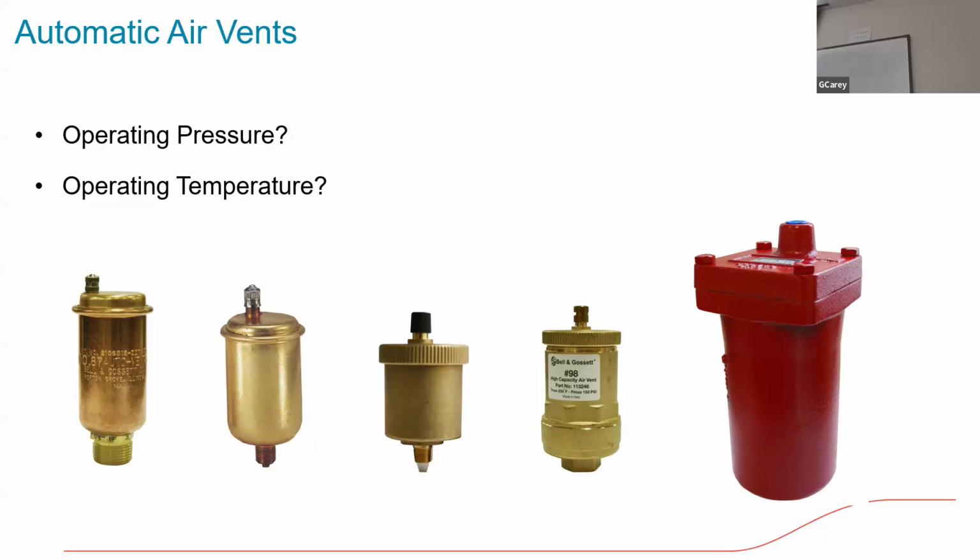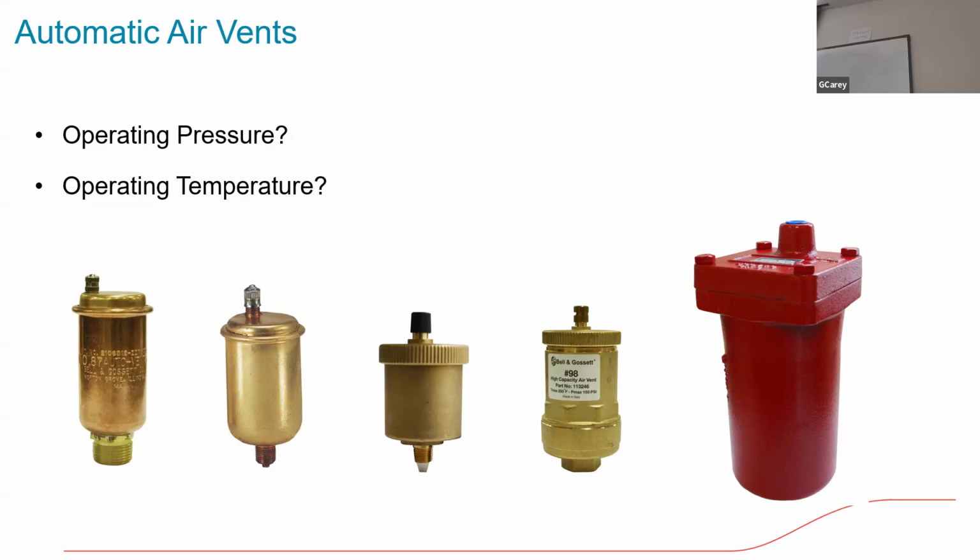System pressure, pushing the air out through that orifice. Then as it gets replaced with more system water, the float rises up and closes off, so it's not spitting water out either on the high points in the system or down in the mechanical room on the air separating device. So when you're selecting them, they'll have a couple of different ratings: maximum pressure, maximum temperature.